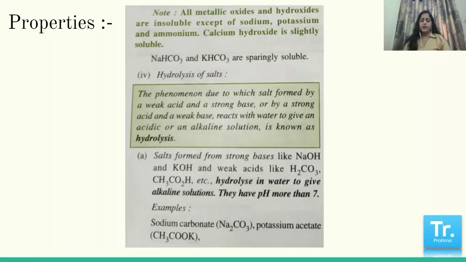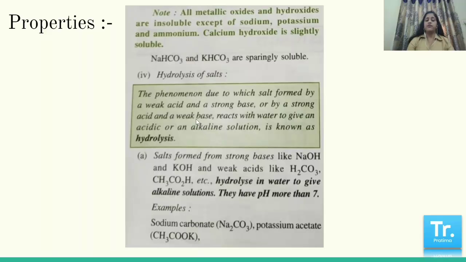The next topic with us will be hydrolysis of salts. This is also a repetition. I know we did it last year, but let us repeat it once again. The phenomenon due to which the salt formed by a weak acid and a strong base, or a strong acid and a weak base, reacts with water to form an acidic or an alkaline solution. If it is a weak acid and a strong base, the solution will be alkaline.